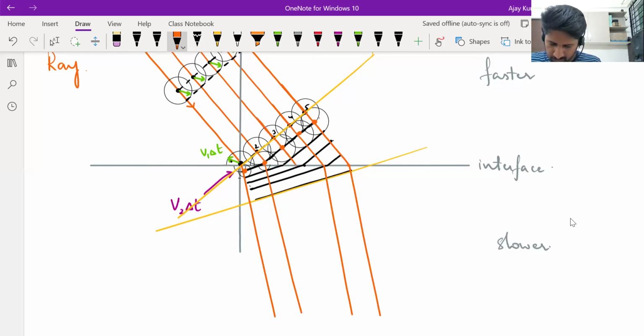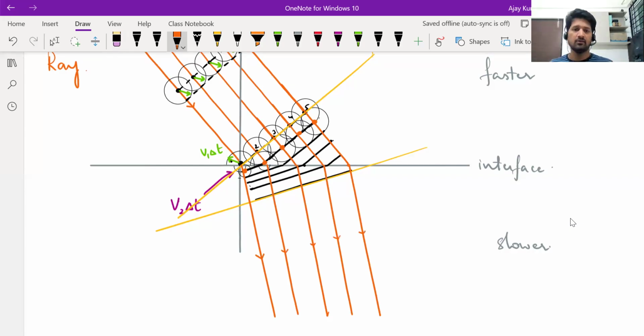I'll tell you why it is very important to understand this derivation. It just depends on what they want to ask you. So finally, these don't look parallel. Just a moment.